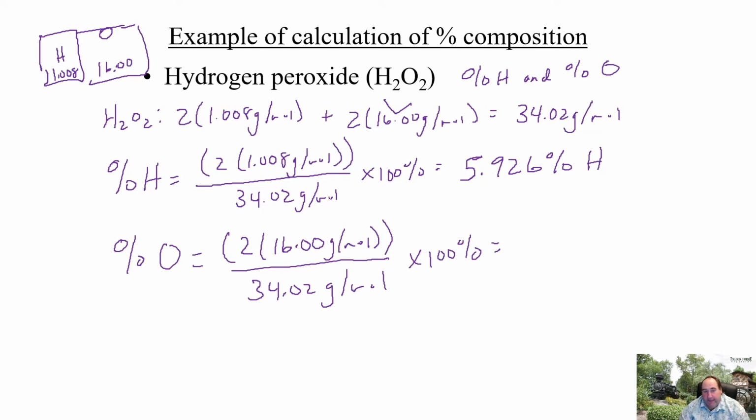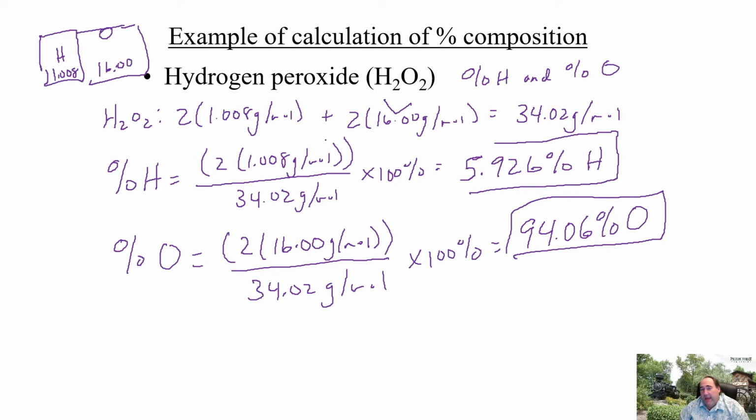And that will give us 2 times 16 divided by 34.02 times 100. Going to give us 94.06 percent oxygen.